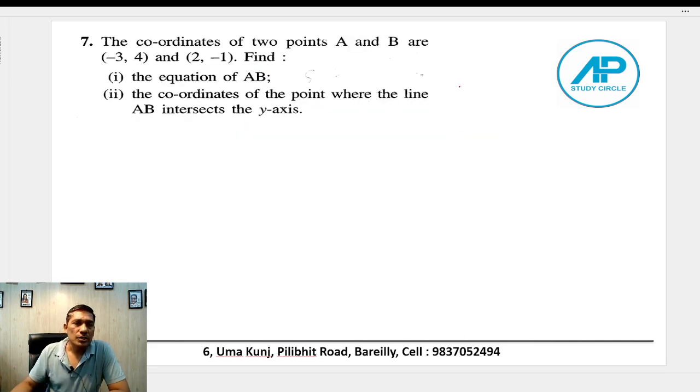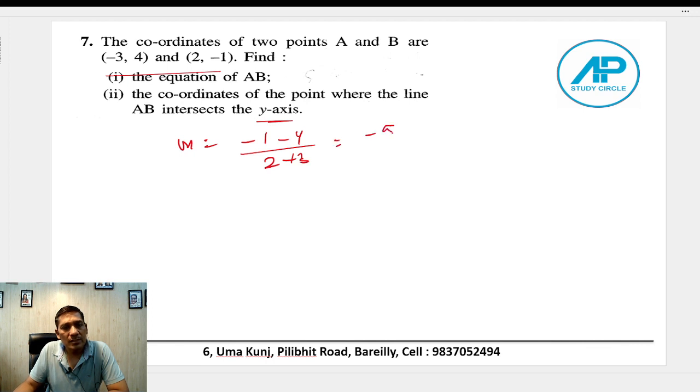Now this is a reverse question of that. We got 2 points again and are asking for the y-axis point. So again the same procedure. आप slope निकालेंगे. Minus 1 minus 4 upon 2 plus 3, minus 5 upon 5 gives you minus 1. So now the equation y minus y1 equals m times x minus x1.